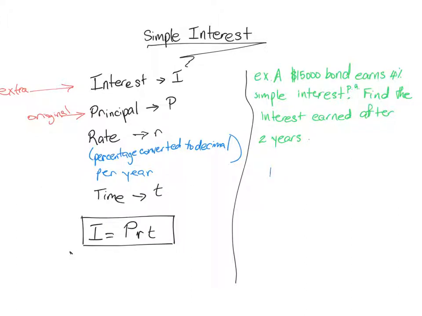we have our formula I, which is interest, equals PRT. So our interest is going to be the principal amount, that's the original amount of $15,000, multiplied by R, which is that percentage, but converted to a decimal. So 0.04, we move the decimal point 2 places to the left, 1, 2, to get 0.04.